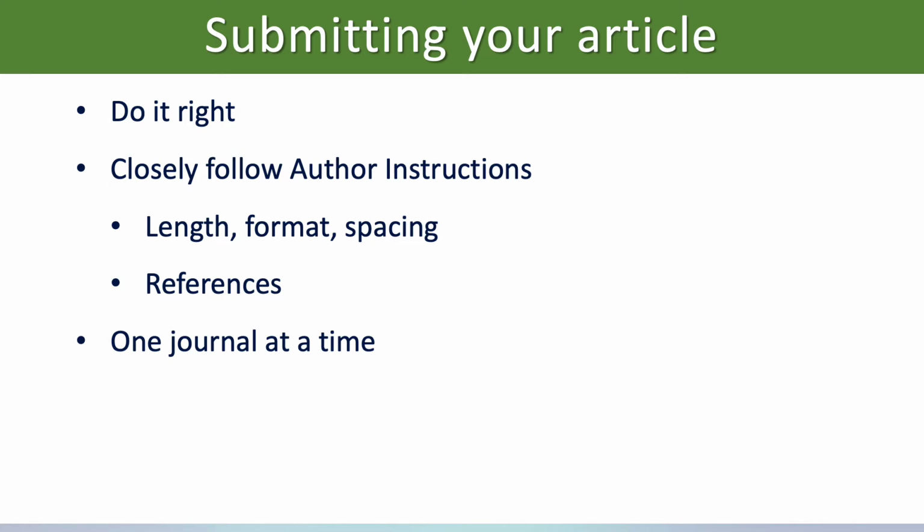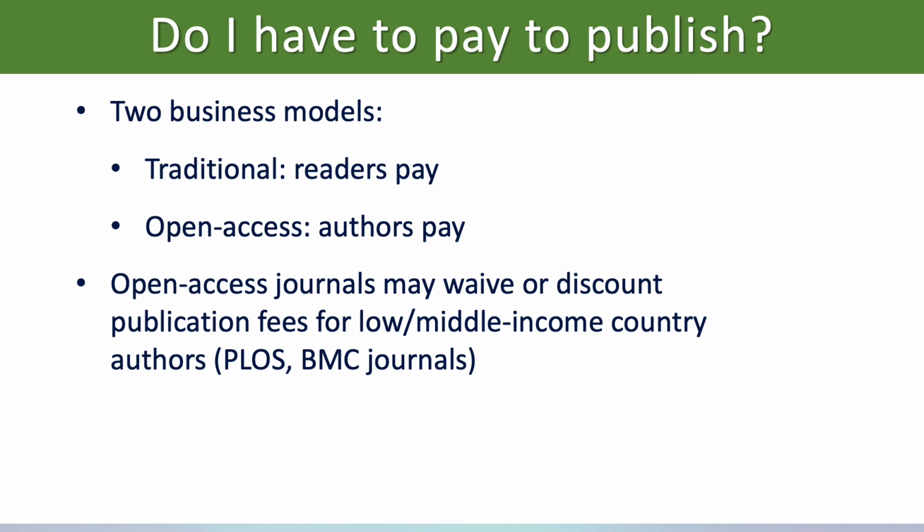Check what requirements there are in terms of length, format, spacing of the lines, and also the number and style of references. You can only submit to one journal at a time, so pick very carefully which journal you would like to aim for first.